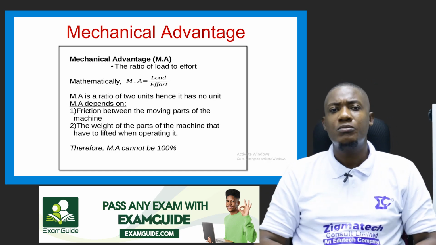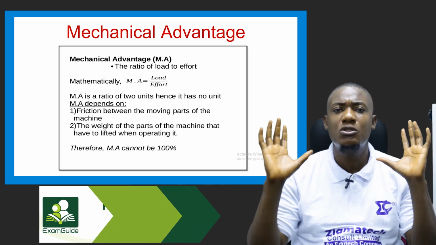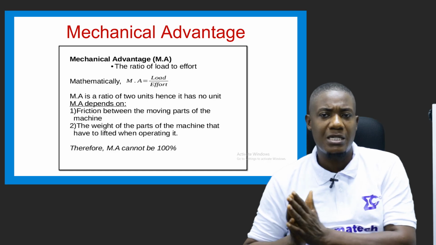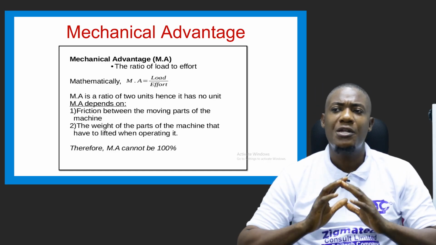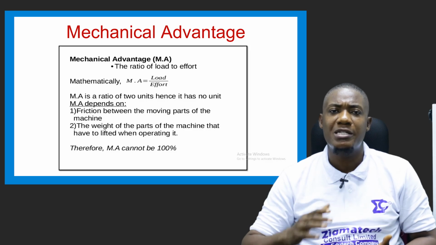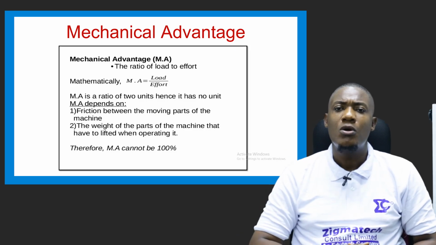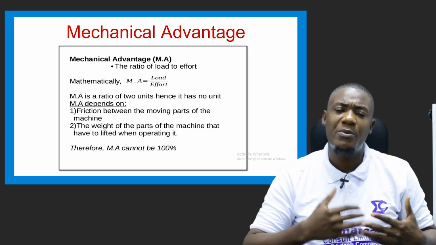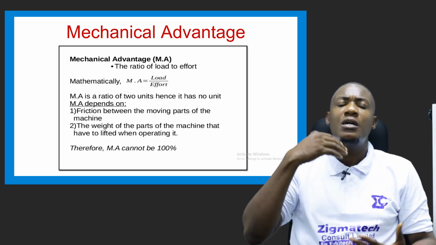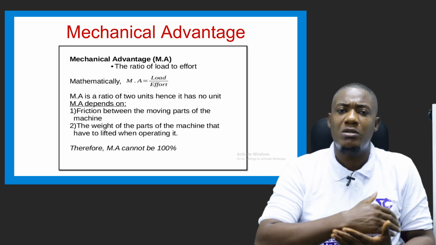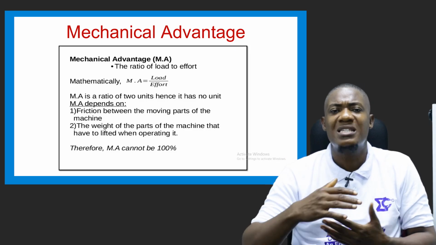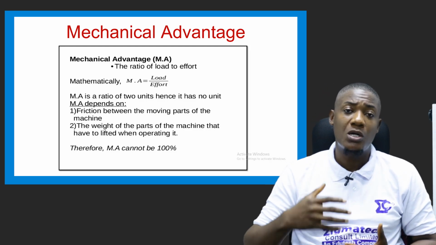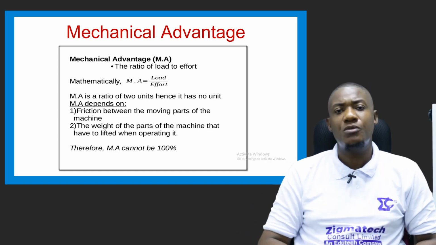For example, if you are using two cutlasses, one is blunt and the other is sharpened, and you are given the same piece of land to cut, you agree with me that someone who is using the well-sharpened cutlass will finish the same piece of work very fast and with less stress because the machine he is using to do the work has an advantage.